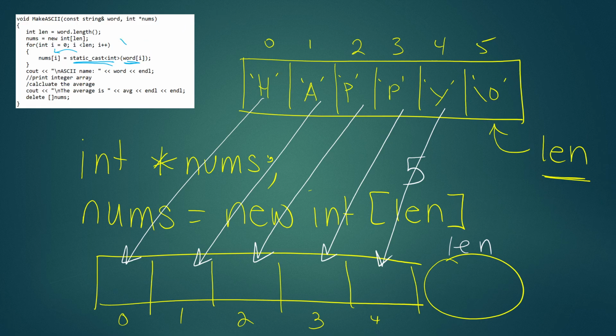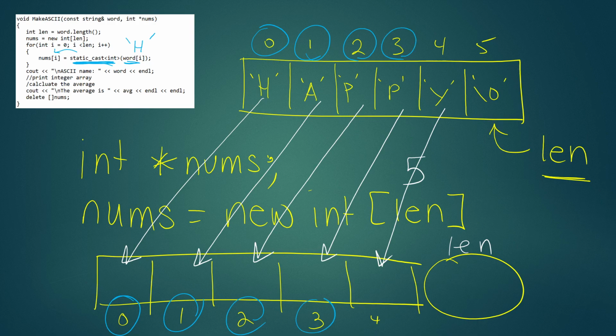When H comes in here, I'm going to cast the H to an integer. So H will come in here as a character, I will static cast that to an integer, and then I will assign it to the same location in my array. You will notice that when i is 0, it's going to get assigned here to 0. When it's 1, it'll go here, 2, 3.